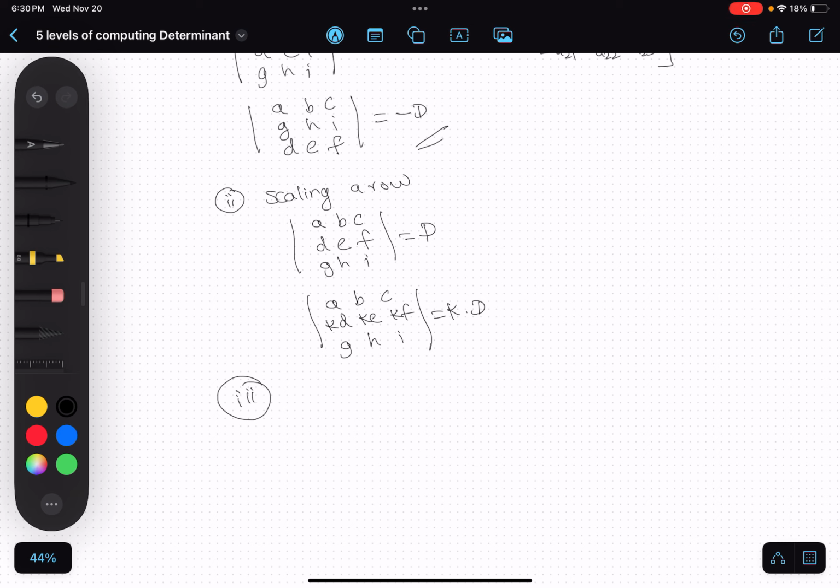Now the third one is about adding a scaled row to another row.